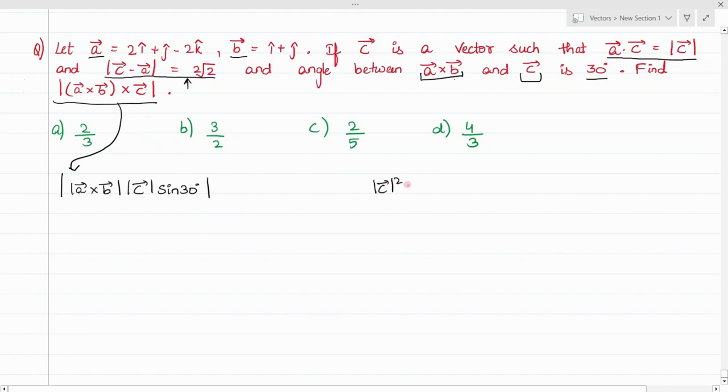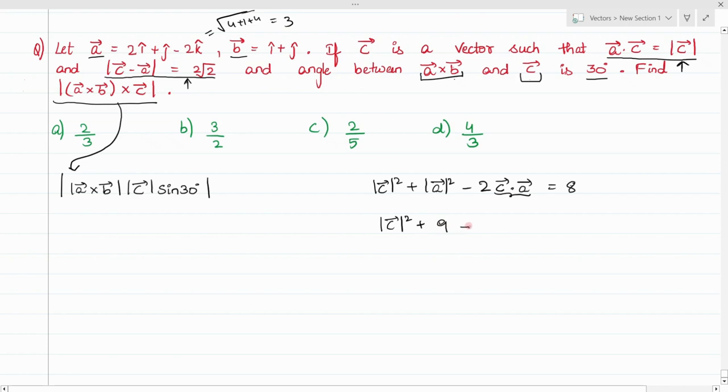Magnitude of C square plus magnitude of A square minus 2 C dot A is equal to 2 root 2 square, which is nothing but 8. So C dot A we can write as magnitude of C. Magnitude of A square is under root 2 square 4 plus 1 plus 4, it becomes under root 9, that is 3.